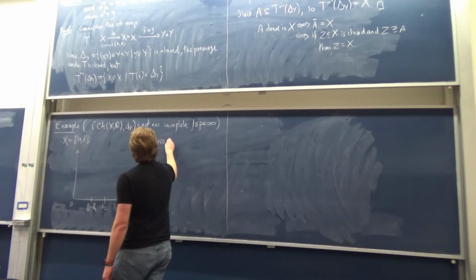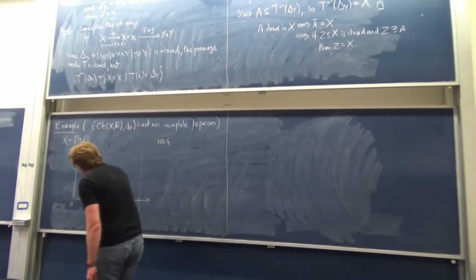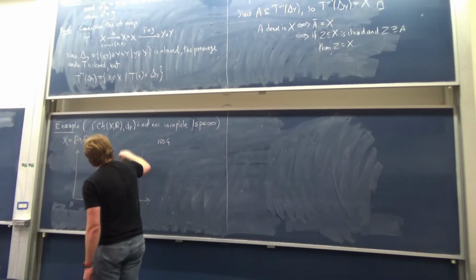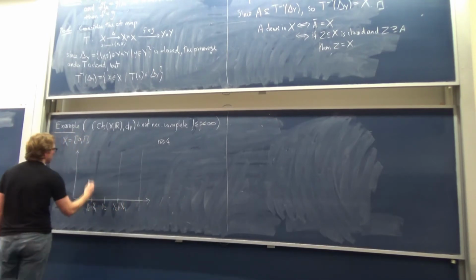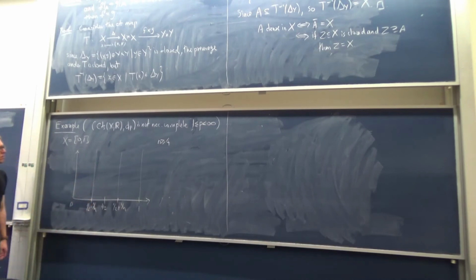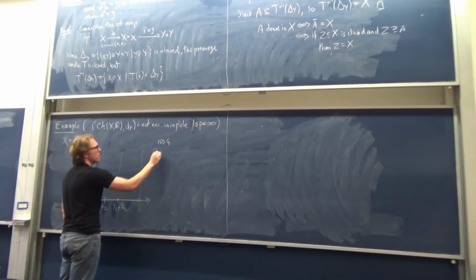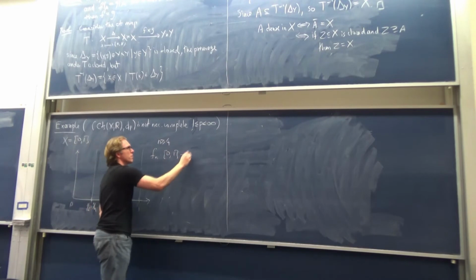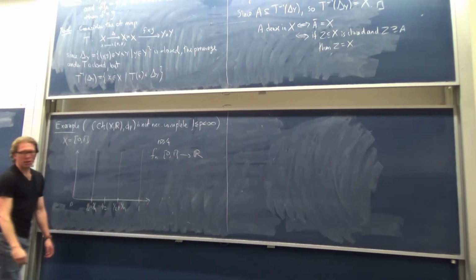Take n greater than or equal to 4, and I can look at the function f_n on [0,1], and it's the following picture.